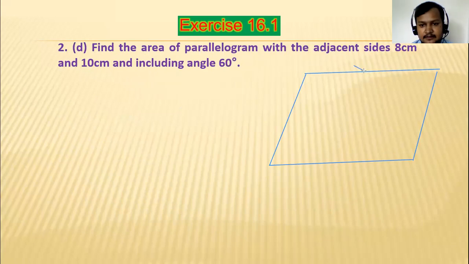This is one parallelogram given to us, and its two sides are 8 centimeter as well as 10 centimeters. So let this shorter one be 8 centimeter, and let this one be 10. And the angle between them is 60 degree.